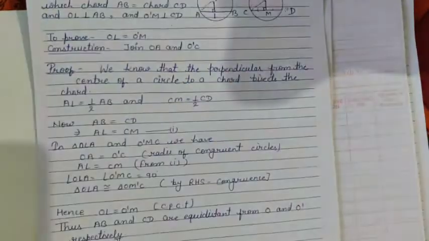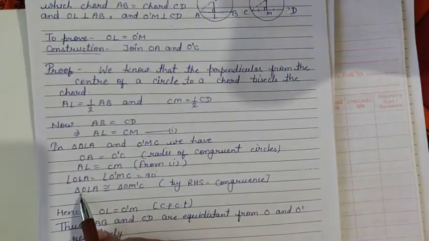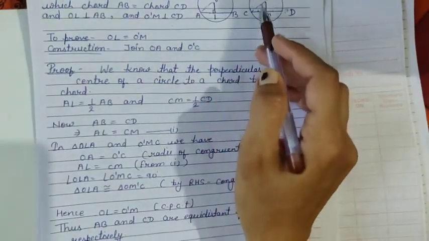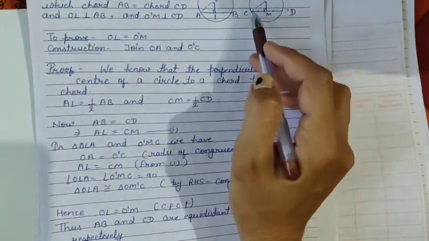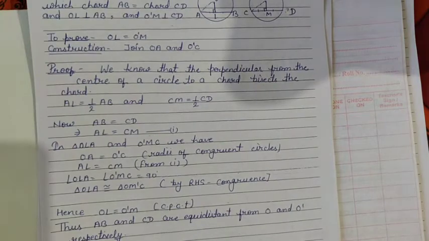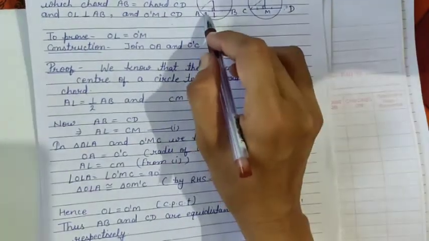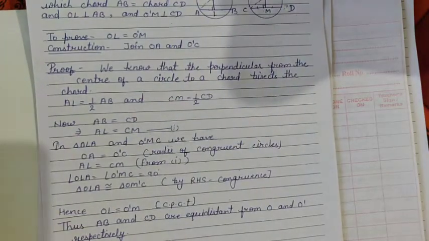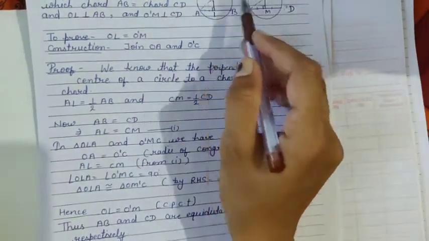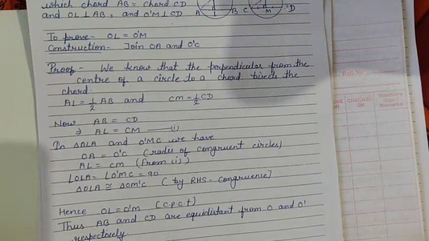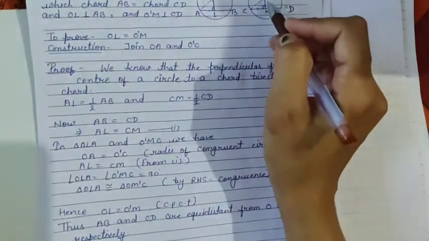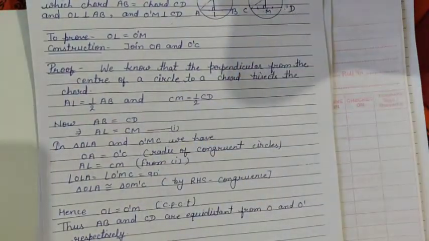These two angles are 90 degrees. So, triangle OLA is congruent to triangle O'MC by RHS congruency, right angle, hypotenuse and one other side. Since these two triangles are congruent, OL equals O'M, corresponding parts of congruent triangles are equal.